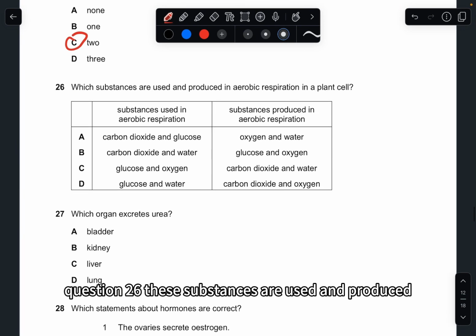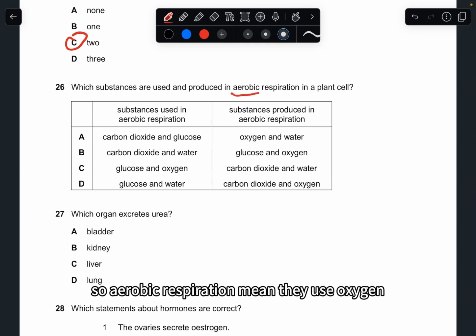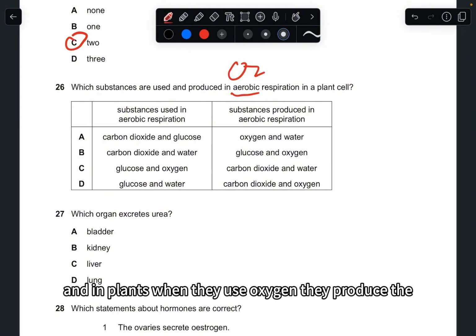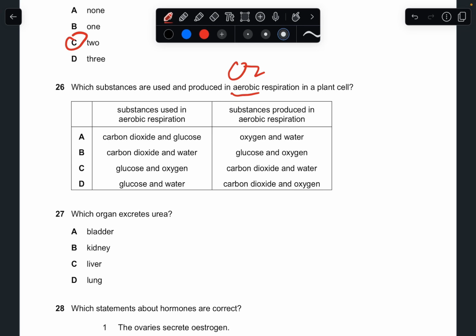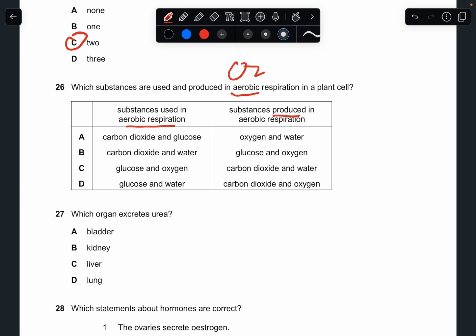Question 26. Which substances are used and produced in aerobic respiration in a plant cell? Aerobic respiration means they use oxygen, and in plants when they use oxygen they produce carbon dioxide and water. We need the substances used in aerobic respiration and those produced in it.